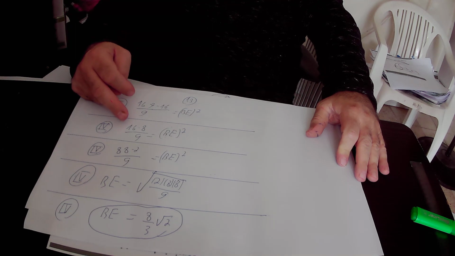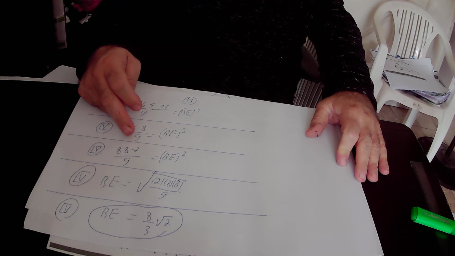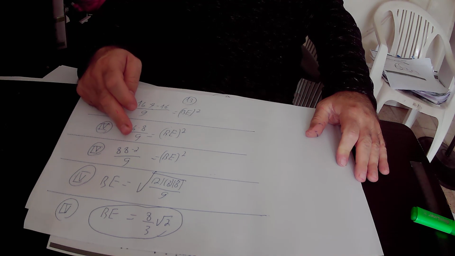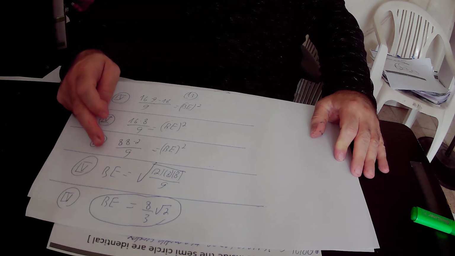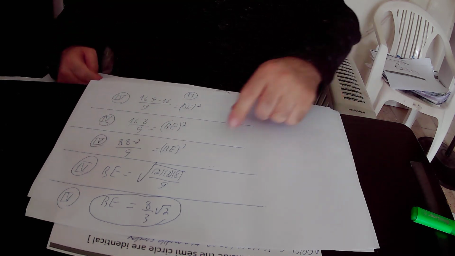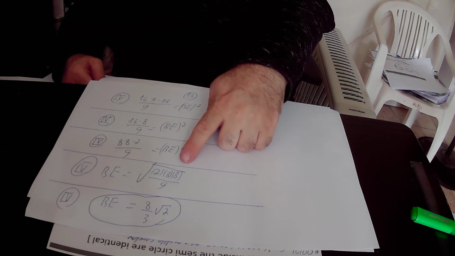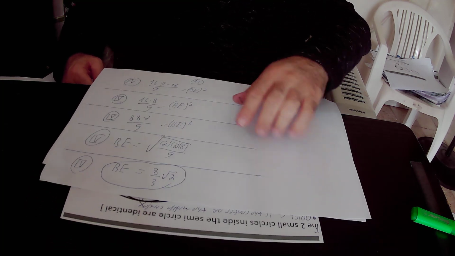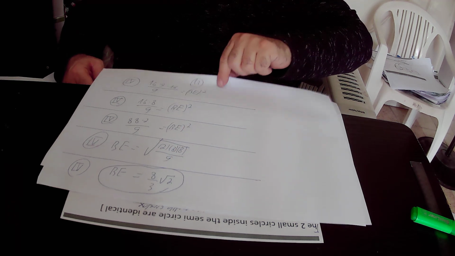We know that 16 equals 2 times 8, so we get 8 times 2 over 9 equals BE square. We took a root of this equation number 4, and we got that BE equals the square root of 2 times 8 over 9. The square root of 8 times 8 is 8, and the square root of 9 is 3. So in total we got that BE equals 8 over 3 times square root of 2 units. Okay?